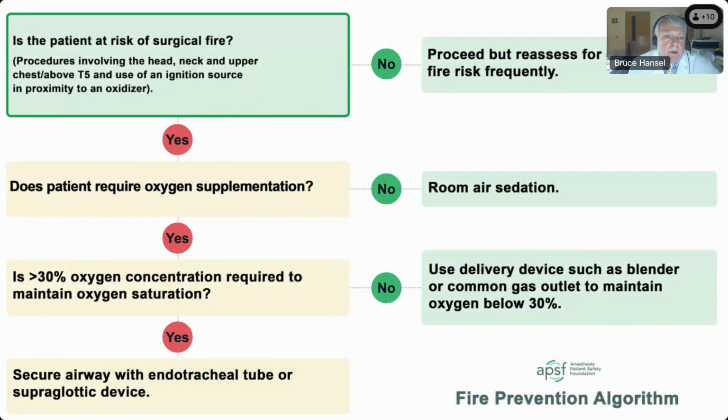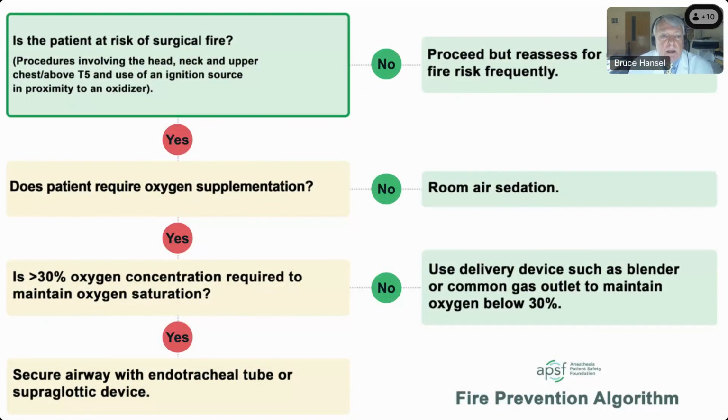So this is a reduction strategy to go through in terms of assessing risk. The first thing to ask is, is the patient at risk of surgical fire? If that turns out to be no, you can proceed.